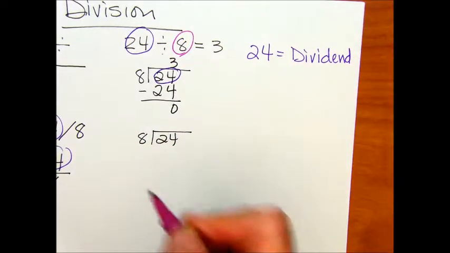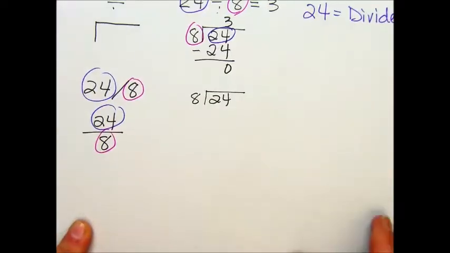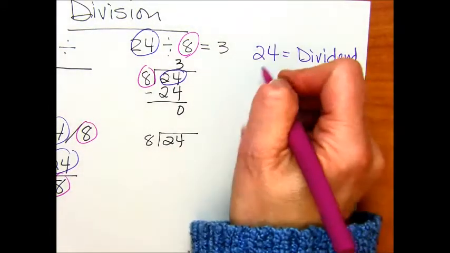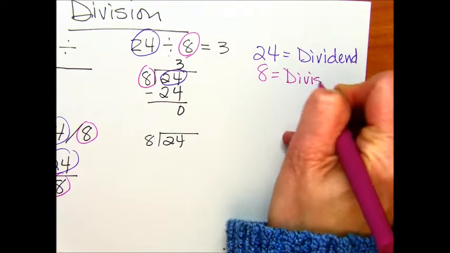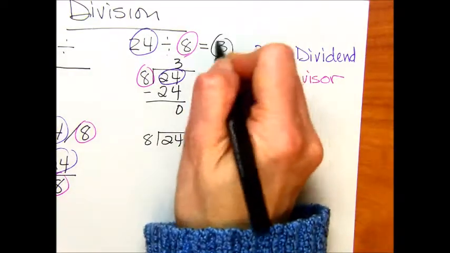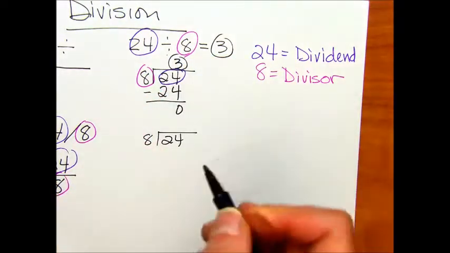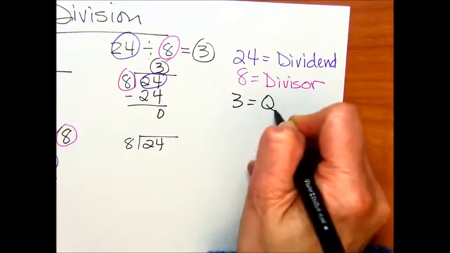That's the 8. The 8 in all of these cases is called the divisor. And the last is the answer to all of these problems. The 3 is going to be the quotient.